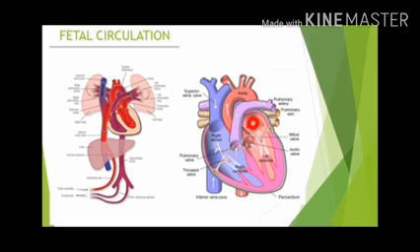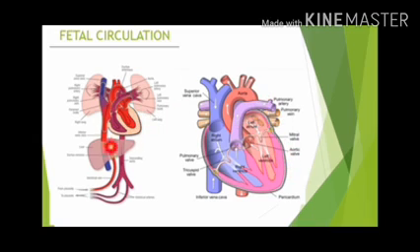From the left atrium through the mitral valve, blood enters the left ventricle. From the left ventricle through the aorta, blood is supplied to all parts of the body. This is normal circulation, which we have already discussed.